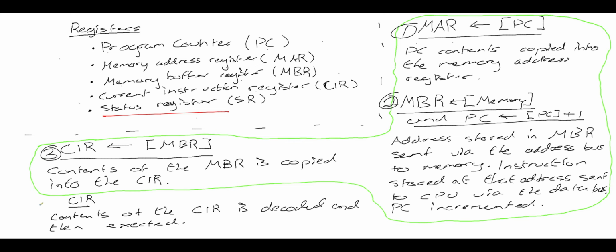What we've got down here is stage 4, and this is the decode and the execute part at GCSE.